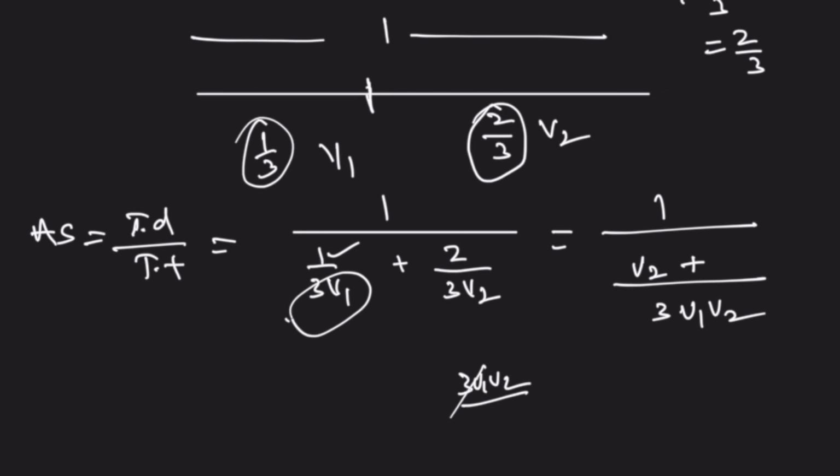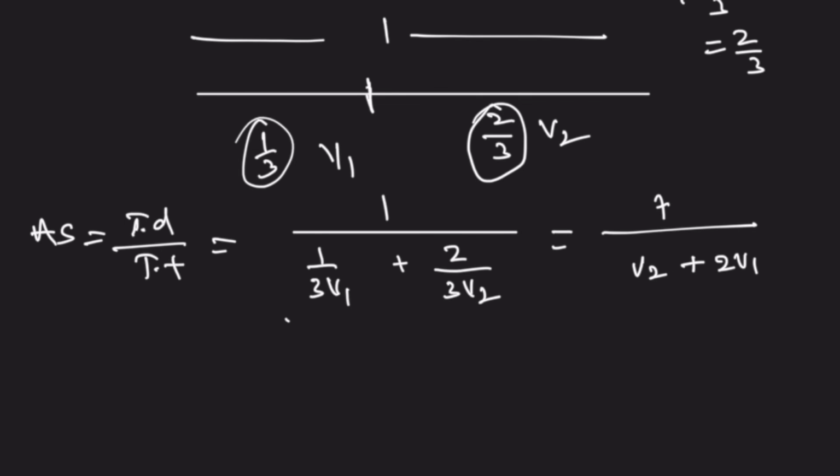Next, 3 V1 V2 is divided by 3 V2. So 3 cancel, V2 V2 cancel, then we get V1 into 2, that is 2 V1. Okay, so 3 V1 V2, then bring into the numerator, then we get here 3 V1 V2. So this is the answer, 3 V1 V2 by V2 plus 2 V1.